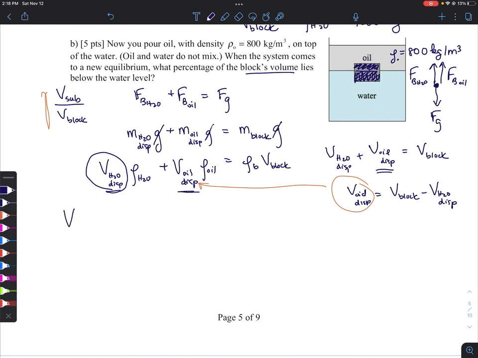So I'm going to abbreviate this as V H2O rho H2O, plus V block, actually, I'll distribute this oil, plus V block rho oil minus V H2O rho oil equals rho block V block.